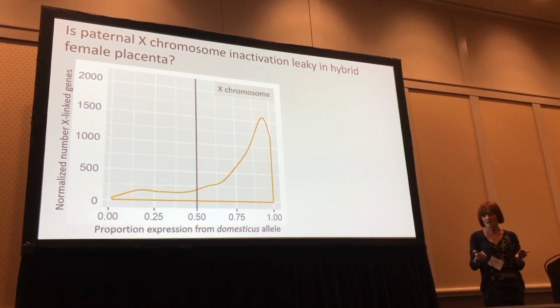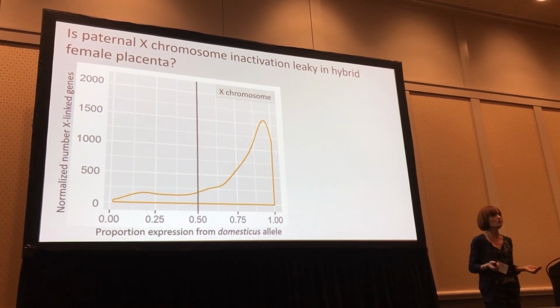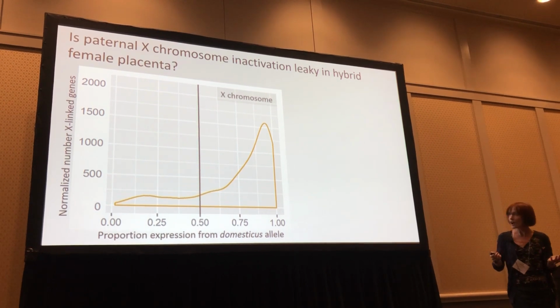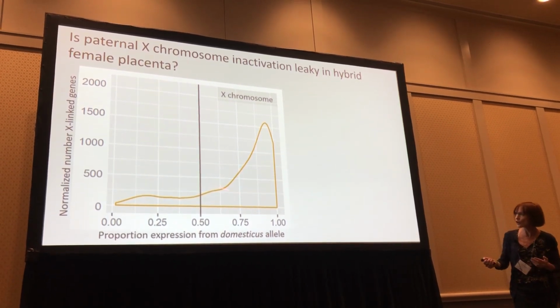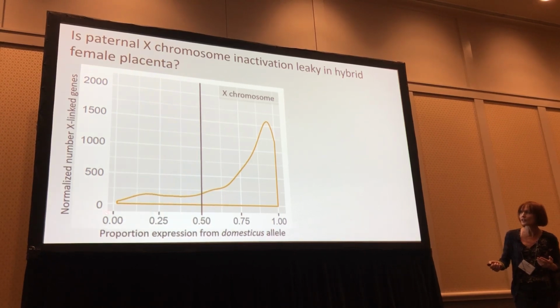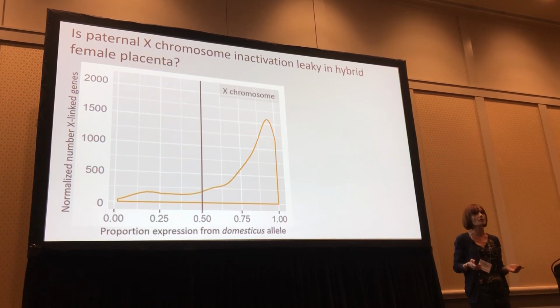And what we find is that in general, there's a strong bias towards the maternal allele on the X, the domesticus allele, which is what we expect. However, there's a pretty large tail out here where we get both biallelic expression and, even more interestingly, expression that's biased towards the paternal allele.